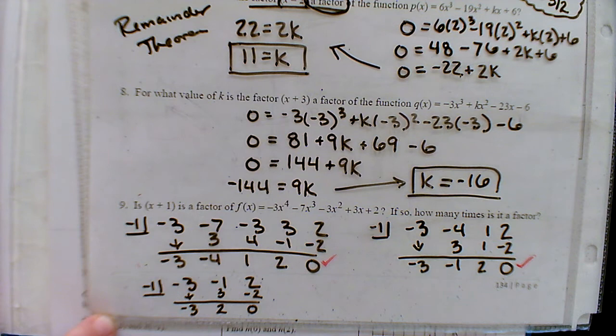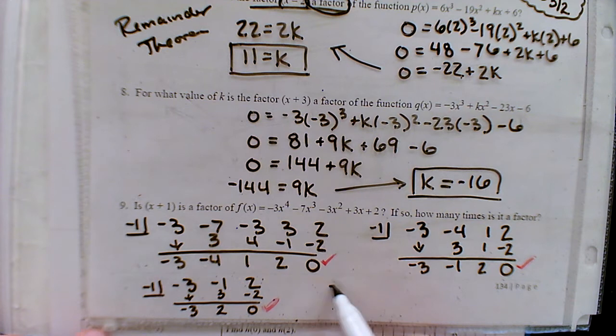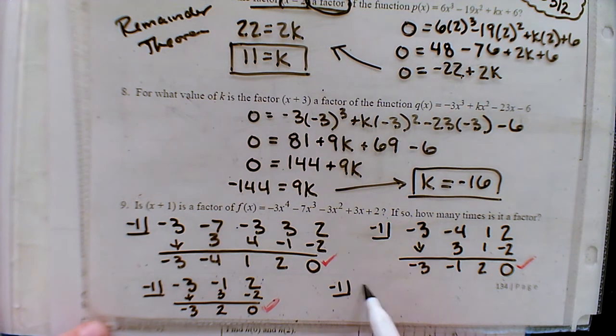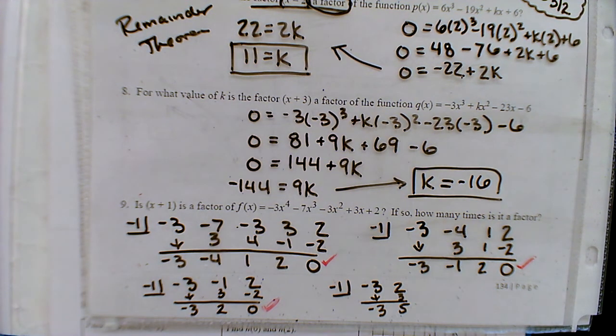Is it a factor again? Yep, so far it goes in evenly 3 times. Let's check another round. What about our last round? Does it go in evenly?